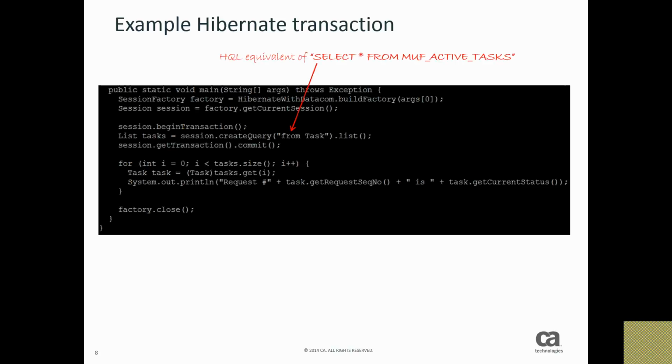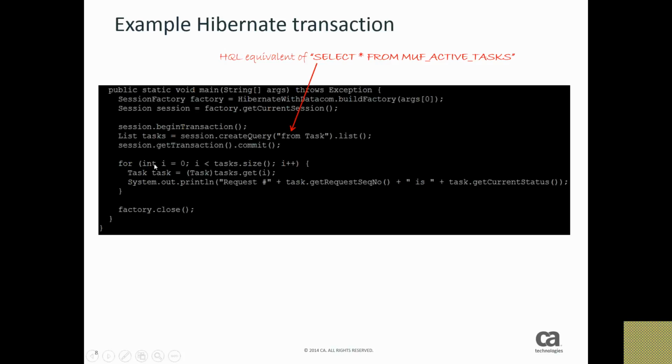Then the example transaction in main is the equivalent of a select star from MUF active task. And you can see we built a session factory, got a current session. We create a query that is going to, in list form, be just a Java list.